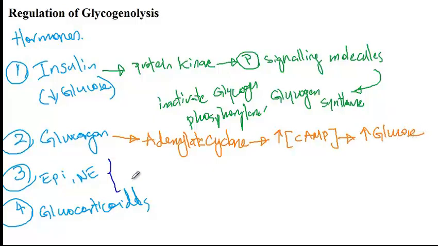Epinephrine and norepinephrine function by two different mechanisms. The first one is that they increase cyclic AMP concentration, and therefore they increase glucose concentration.